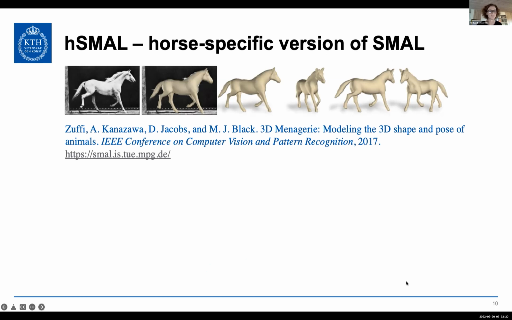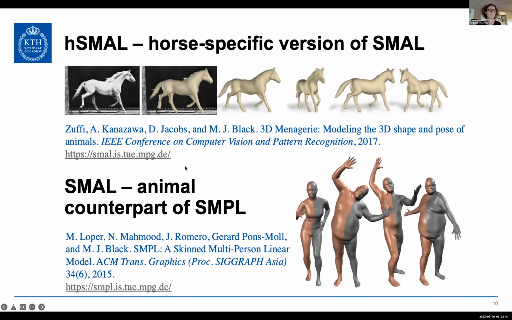So H-small is a horse-specific version of SMAL, developed by Silvia Zuffi, which in turn is an animal counterpart of SMPL, which is a widely used shape and pose model for humans.